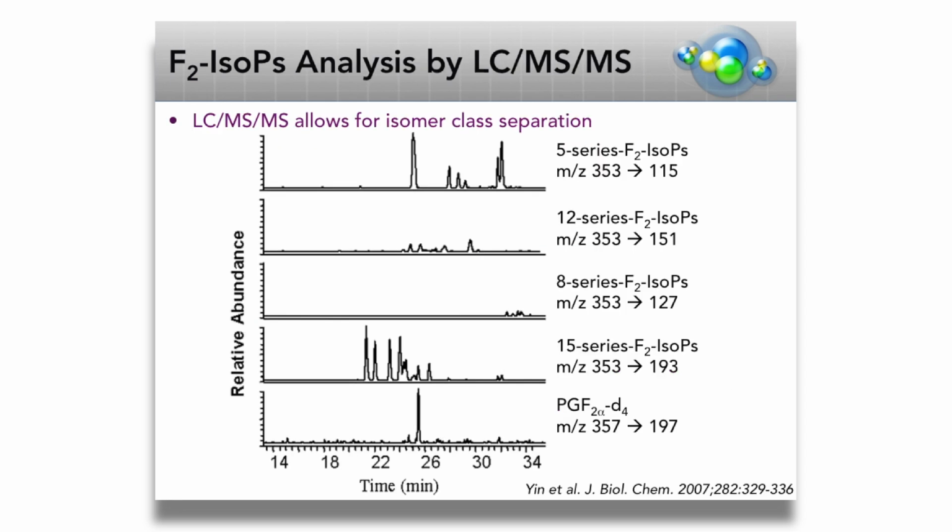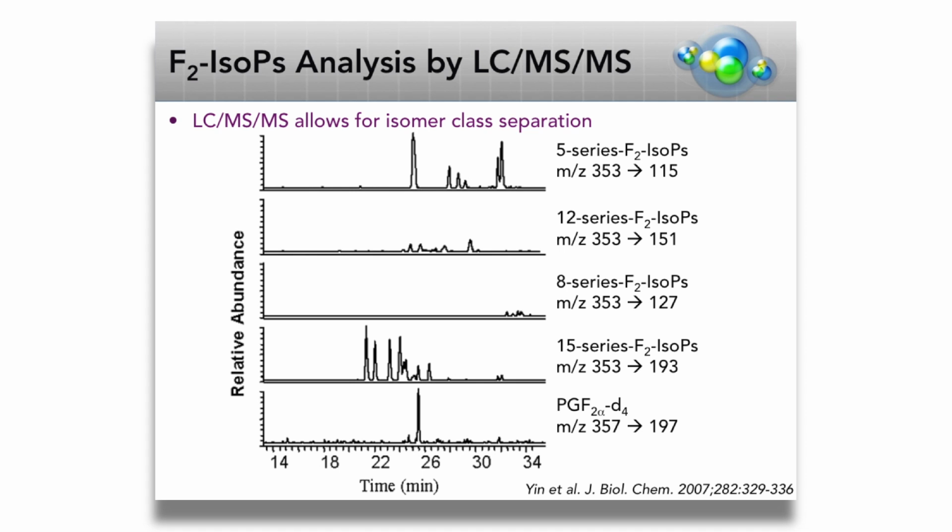One important advantage of LCMS is that it allows for isomer class separation. So using MRM transitions, you can elucidate 5 series F2 isoprostanes, 15 series isoprostanes, as well as 8 and 12 series isoprostanes from one another. This has great potential because it would lead to a different understanding of quantification of these molecules.